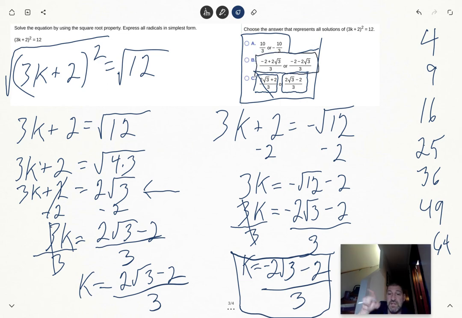The tops are just flipped in different directions. So this answer right here is the same as this answer, and this answer right here is the same as this one down here. So the correct answer would be B in this particular case. And that's as simplified as we can make them at this point.